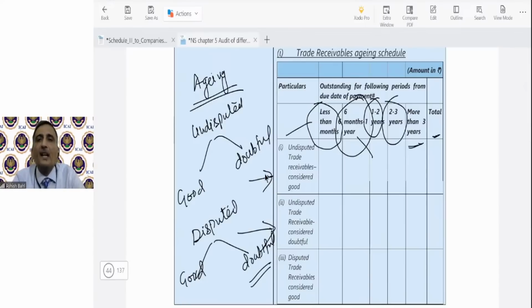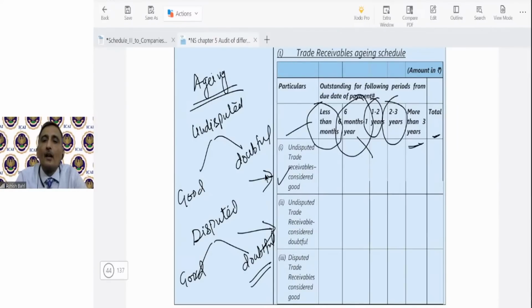So undisputed trade receivables are those for which no dispute exists. Okay, and these are good for recovery. Considered good means these are good for recovery. There is no evidence, no reason to suggest that the money will not be paid by that debtor.